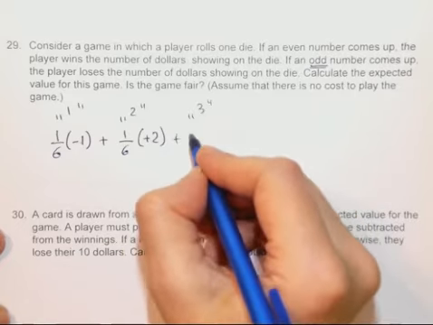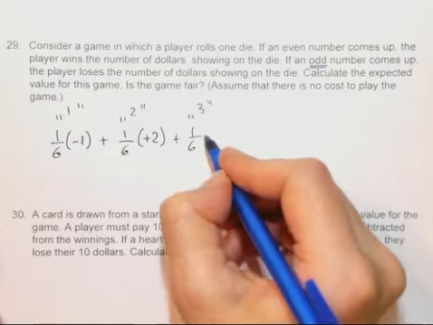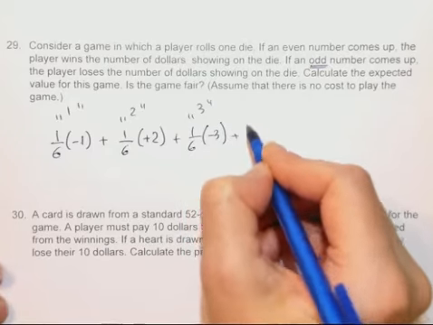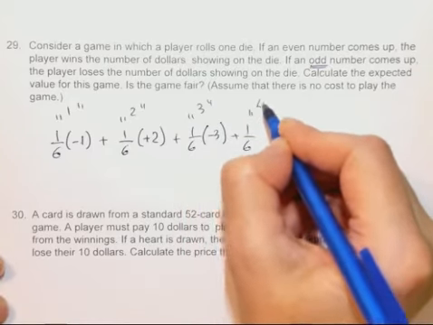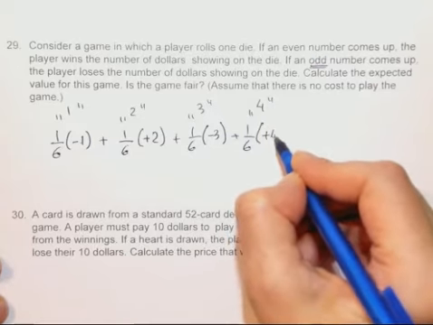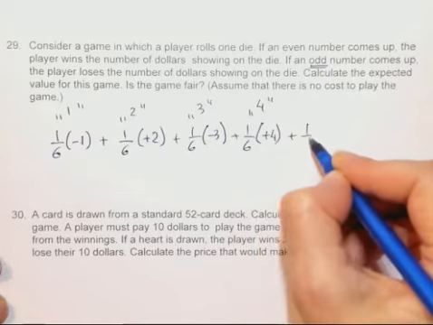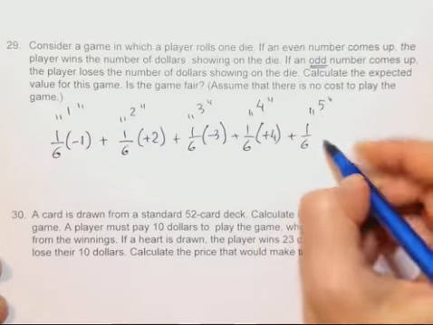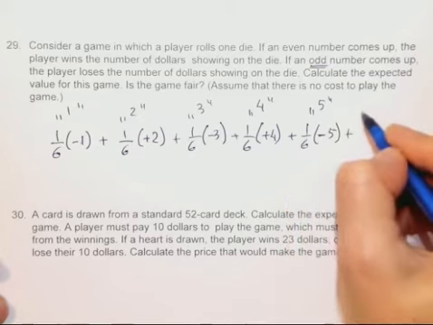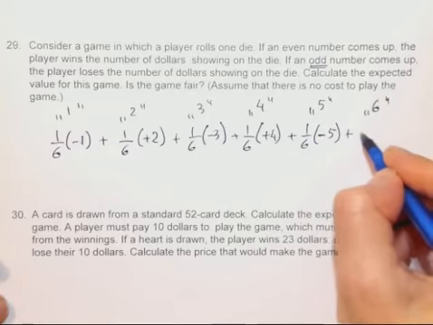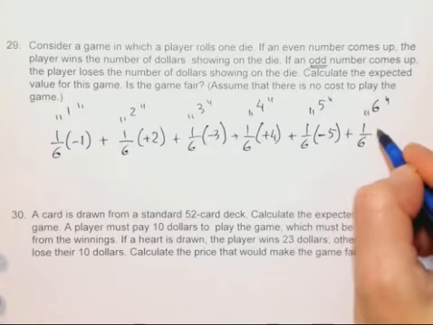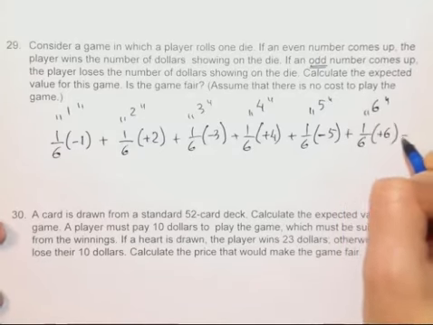Then 3 comes up, probability is 1/6, the player loses $3, probability 1/6, the next outcome is 4, even number, winning, plus $4. Next situation, 5, odd number, so he loses $5. And the last situation, 6, probability is the same, 1/6, and even number means winning, plus $6.